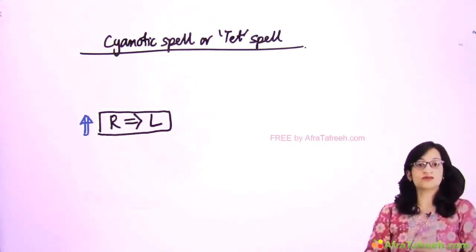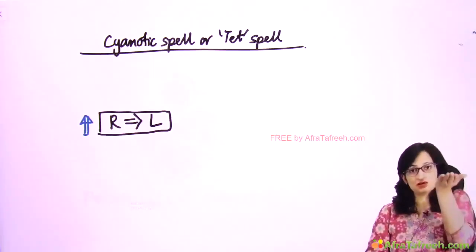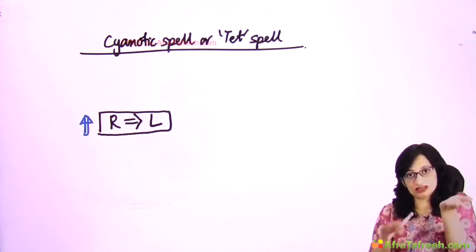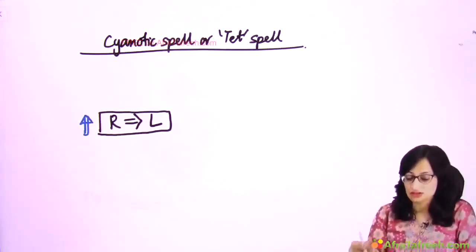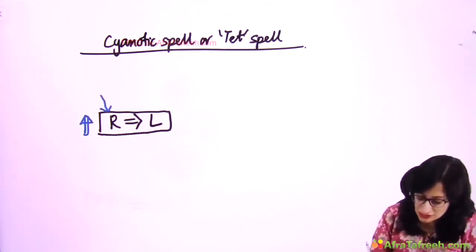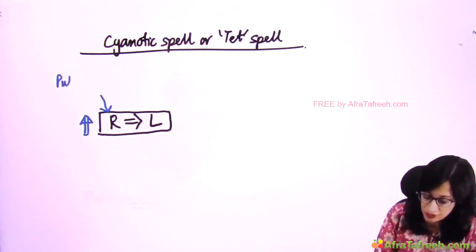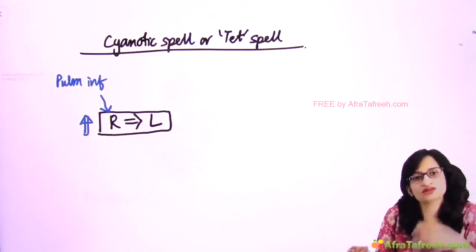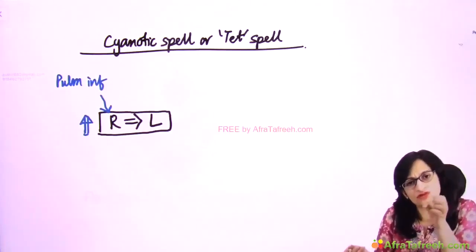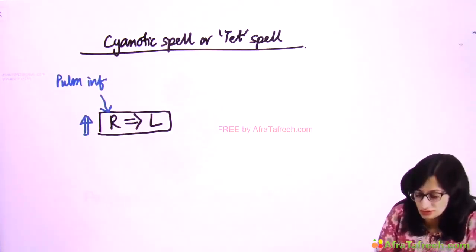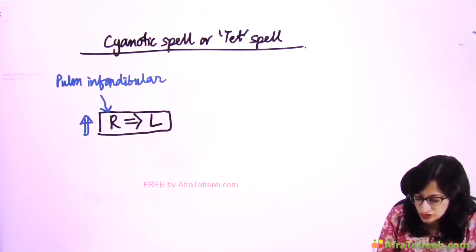It can increase if the pressure on the right side increases or if the pressure on the left side decreases, right? So, pressure on the right side increases if there is, say, pulmonary infundibular spasm. So, already there is a stenosis, and it gets worse if it further goes into spasm, okay? So, pulmonary infundibular spasm.